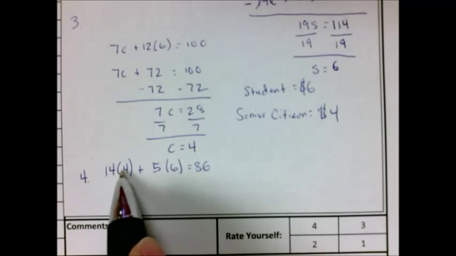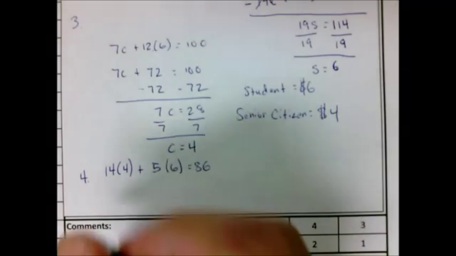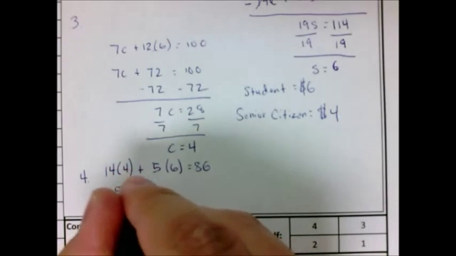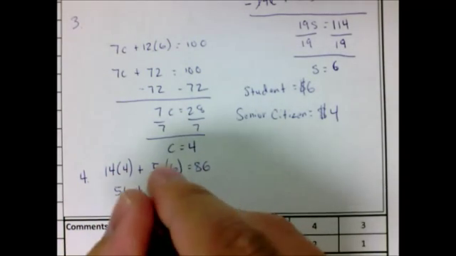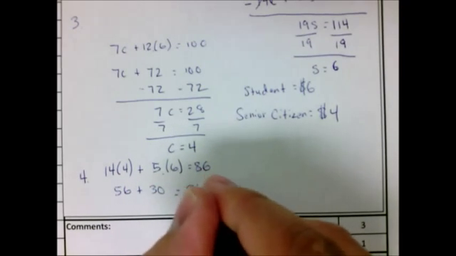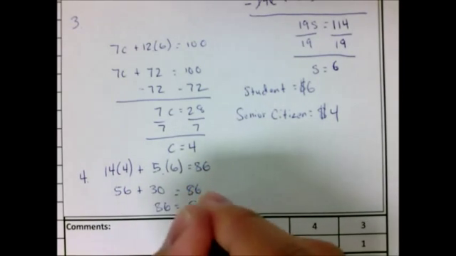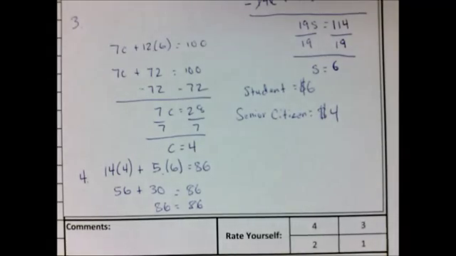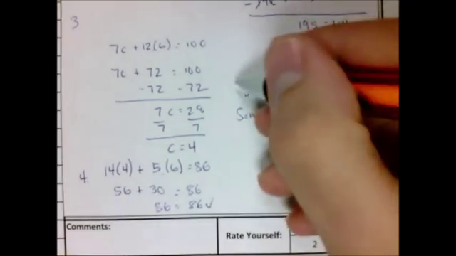And minus 4 from that will give you 56. Plus 5 times 6, which is 30, is supposed to equal 86, and we see that it does. So we checked our work, we did it correctly. So this truly is the correct answer.